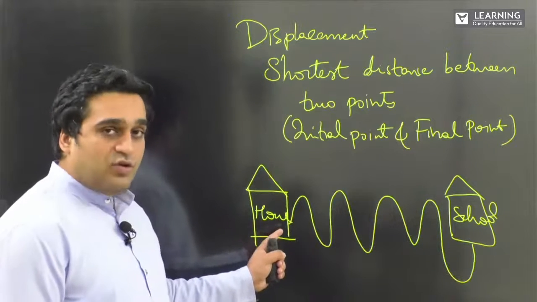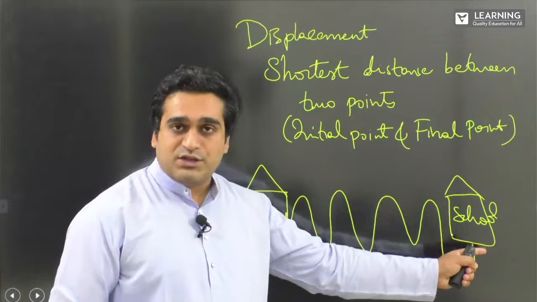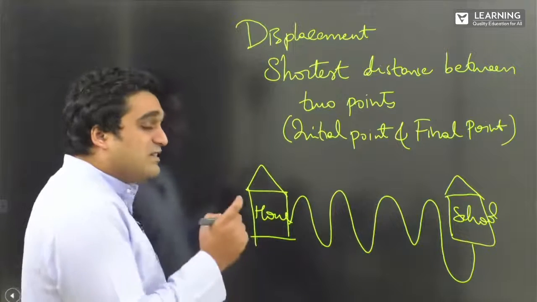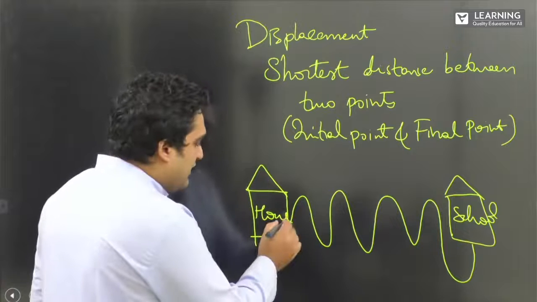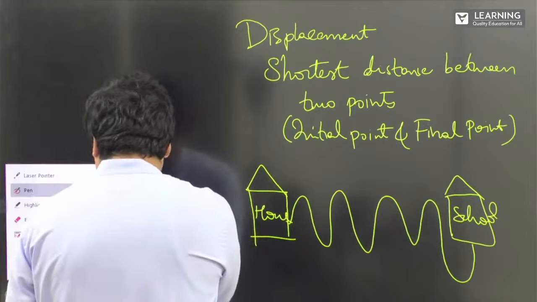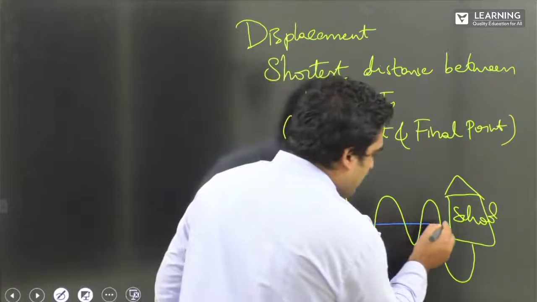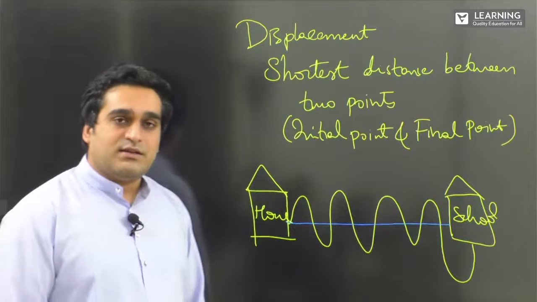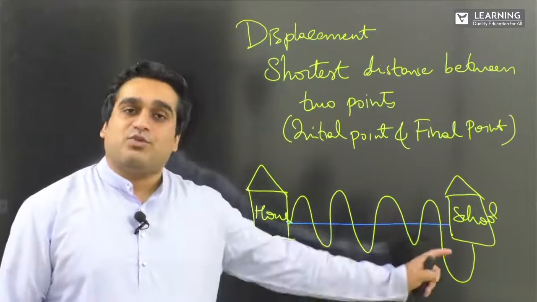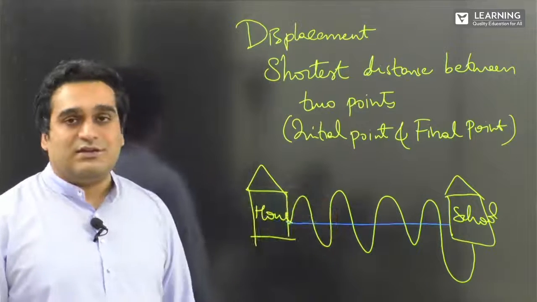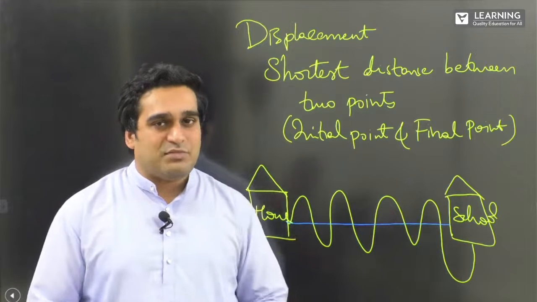The initial position is home, and the final position is school. Shortest distance is usually defined by a straight line. So a straight line extended from home to school, the length of this straight line, is what is termed as displacement. You see how different distance and displacement are.